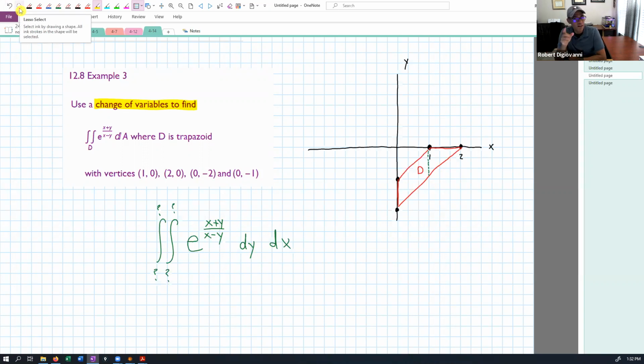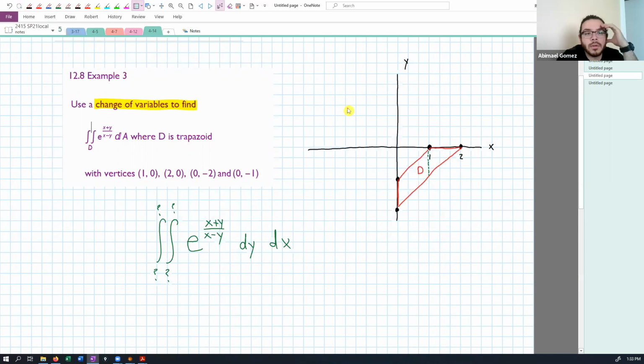If the problem is that the variables X and Y appear both in the top and the bottom, how can we do a transformation where the two new variables will not appear together in the numerator and denominator? Make the numerator U, the denominator V. Yeah, let's try it. Here's the transformation. What if I say U is going to be X plus Y and V is going to be X minus Y?